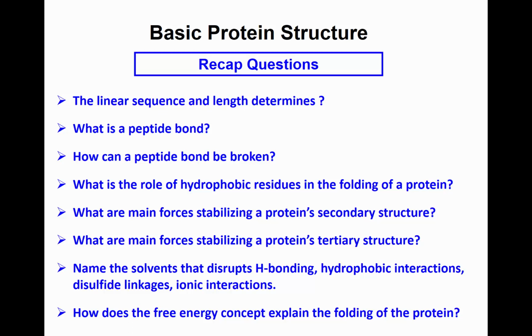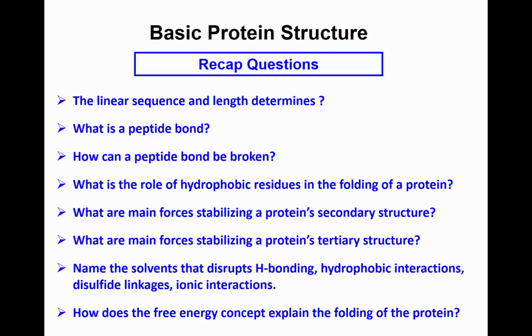Claire? That's the covalent. There's one more. Sven. Hydrophobic interactions. Great. All sorts of molecular interactions would stabilize the tertiary structure, but the bond that causes the most stability is which one? Disulfide linkages. It contains the most energy.